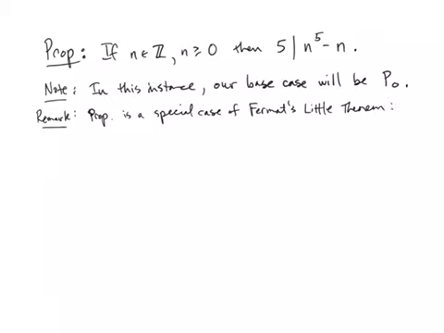And what Fermat's little theorem says is that p divides a to the p minus a for any prime p and integer a. Okay, and it turns out you can actually prove this more general proposition by induction, and it's just a generalization of the induction proof I'm about to give of this proposition. Well, you really need induction and a little bit extra, but it's not that much more difficult.